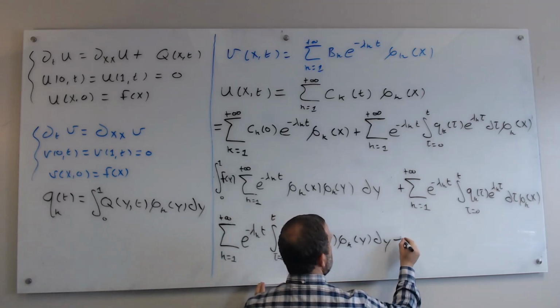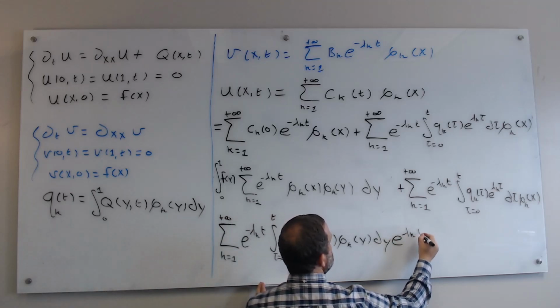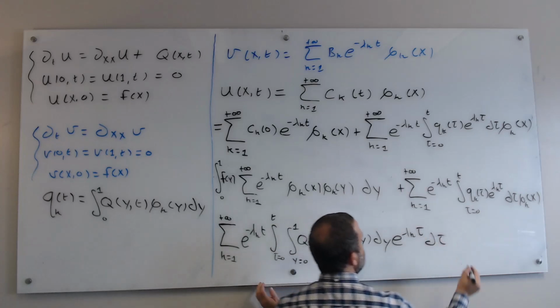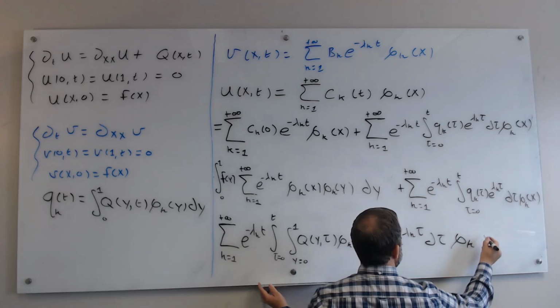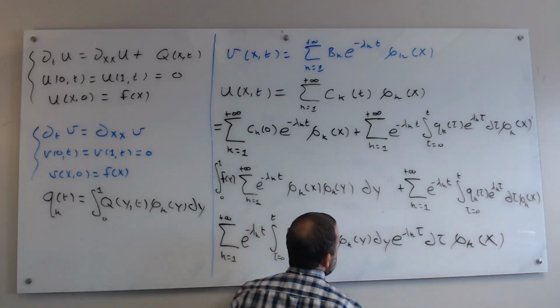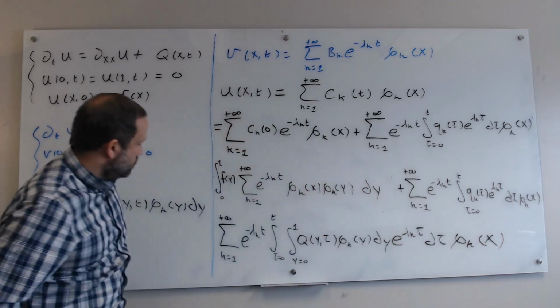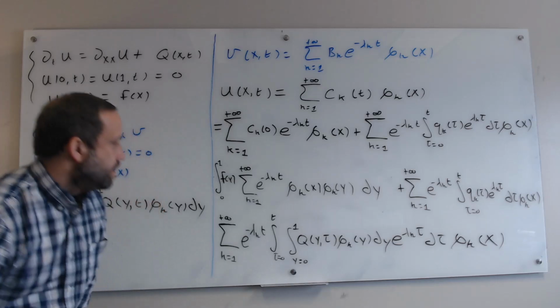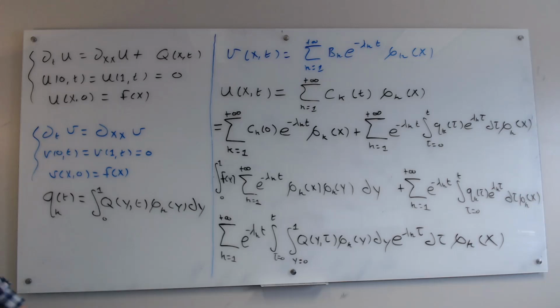So now I'm going to write e to the lambda_k tau, d tau, v_k of x. Okay, so just look at that for a minute, because I'm about to rearrange this as well.